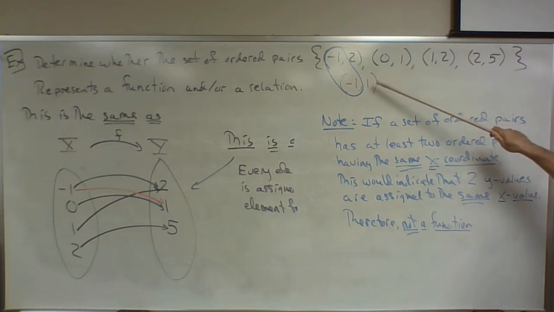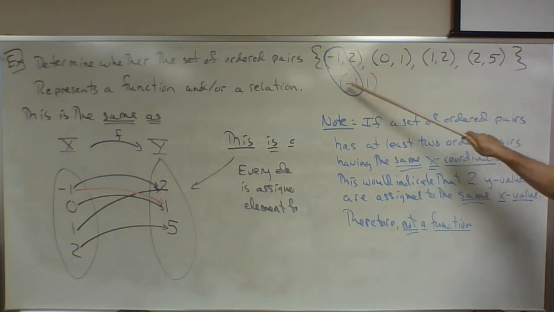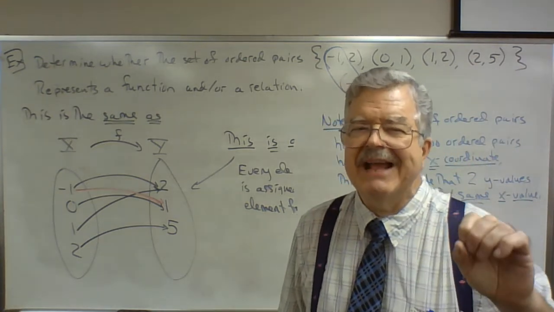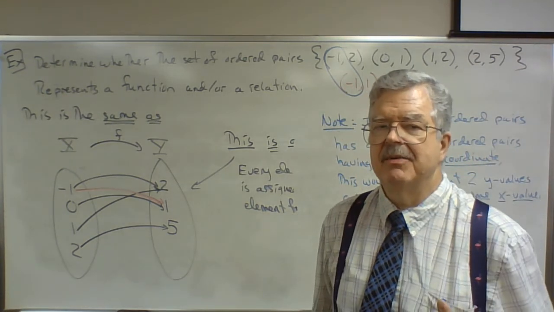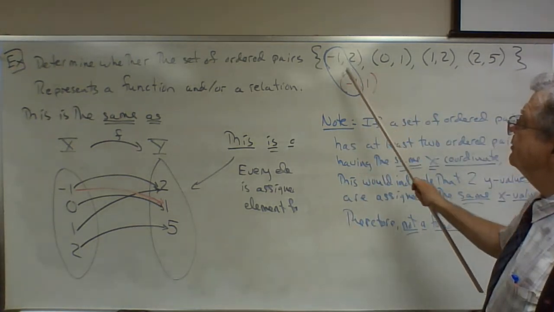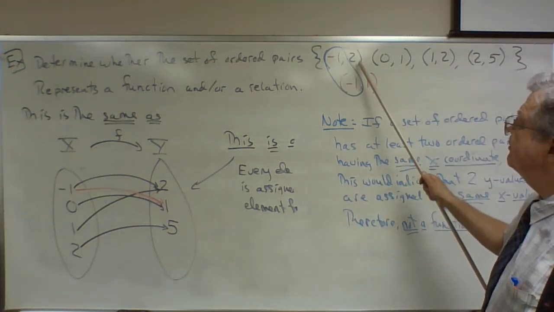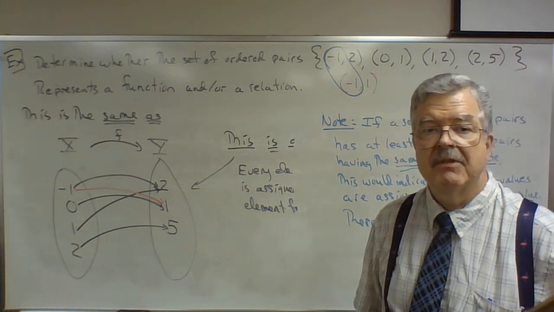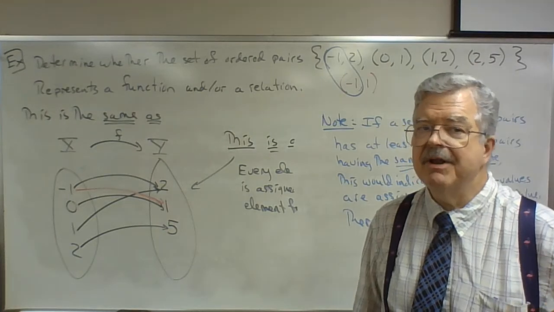See that? We have 2 different y values, 1 and 2, assigned to the same x value. So we can't say that every x value has exactly 1 y value assigned to it. So if this sort of thing happens, same x value, different y values, not a function. Still a relation, but not a function.